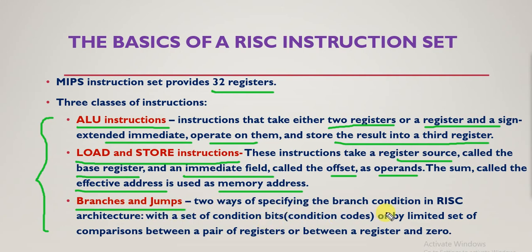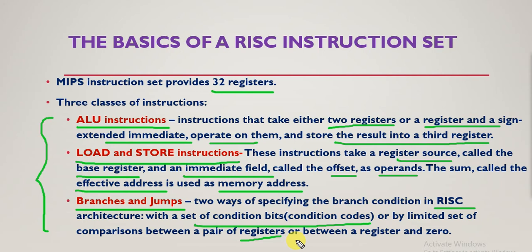In many RISC architectures we do branching in two different ways: either with a set of condition bits or condition codes, where based on the value present in a particular register we do branching or jumping from one location to another, or with a comparison between a pair of registers.